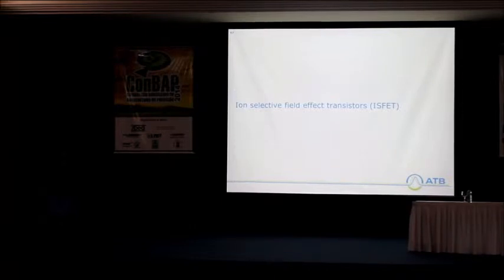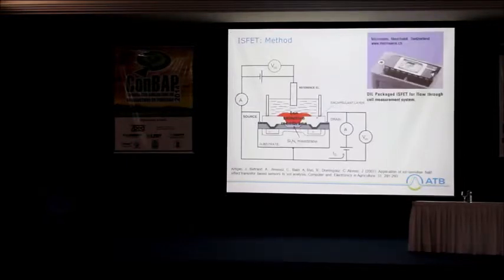The next generation is ion selective field effect transistors. This is based on chip technology, so it can be made very, very small. Essentially, it's again an ion selective membrane, which is relevant for the measurements.